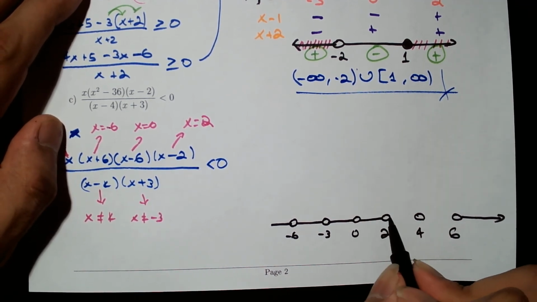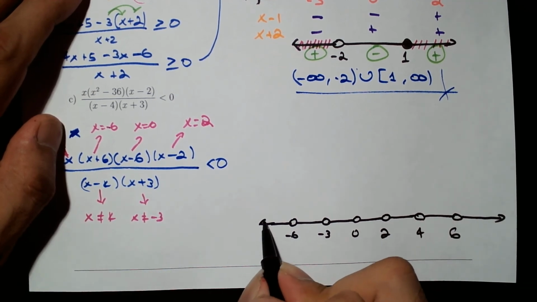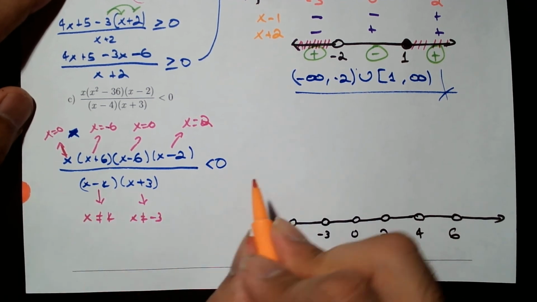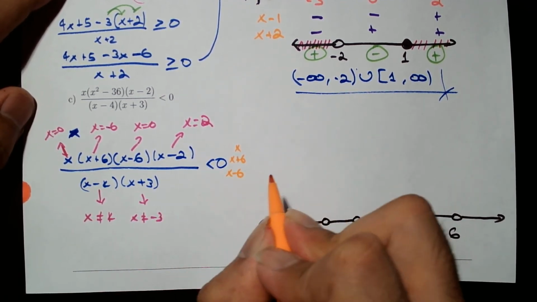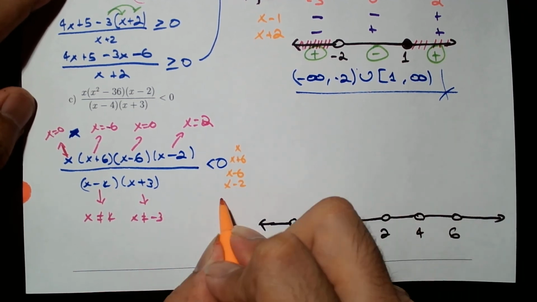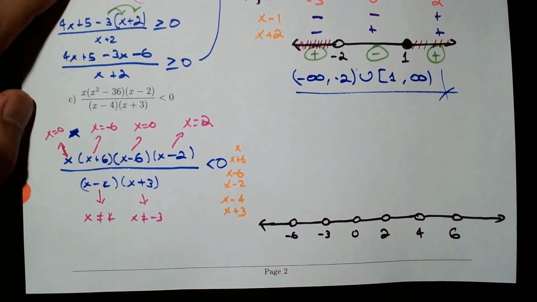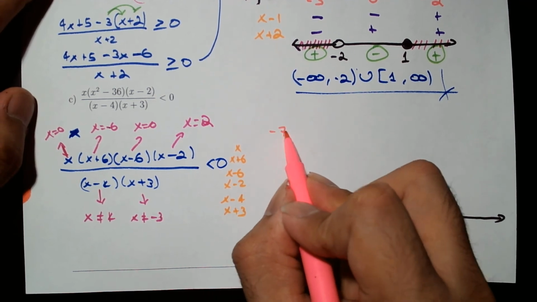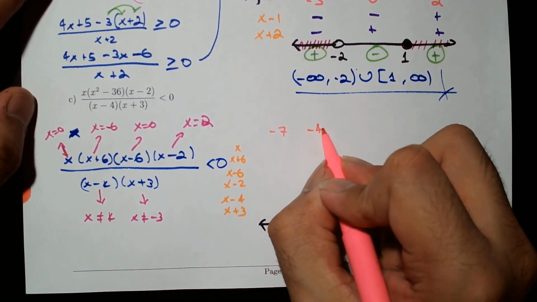A lot of multiplications, or a lot of obtaining signs. And again, as usual, I'm going to write all the factors: x, x plus 6, x minus 6, x minus 2, x minus 4, x plus 3. And I'm going to choose test values. Less than negative 6, negative 7 is a good one. Between negative 6 and negative 3, negative 4 is a good one.